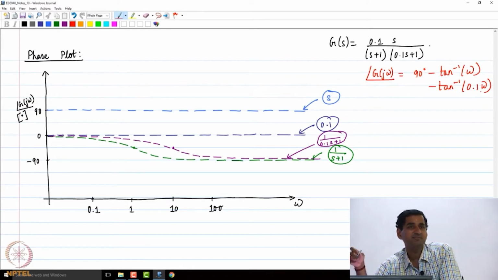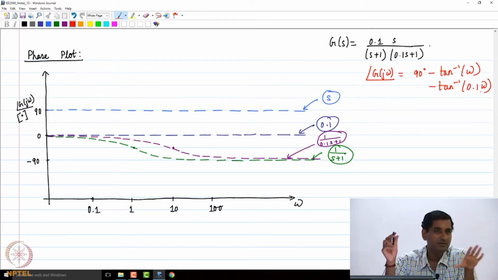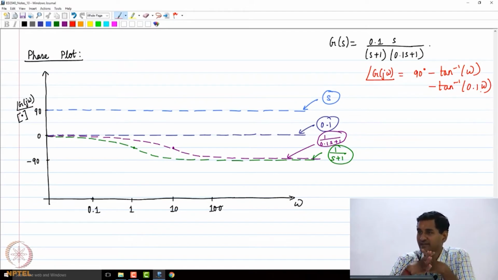I think this is something which we have discussed before. When you have a transfer function as products of terms, you just take the algebraic sum of the individual phase contributions. So that is what we have.